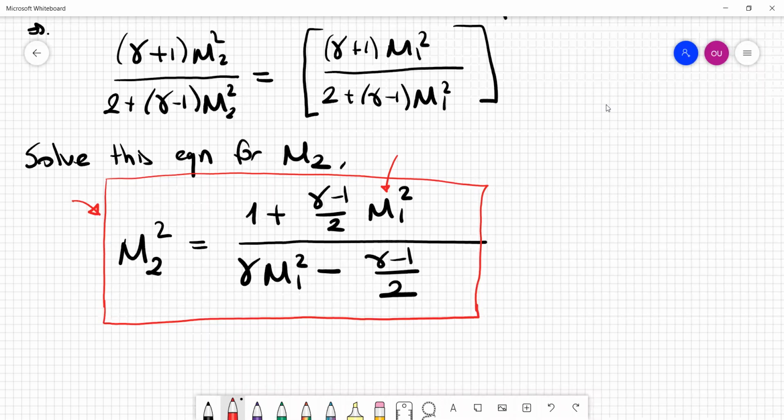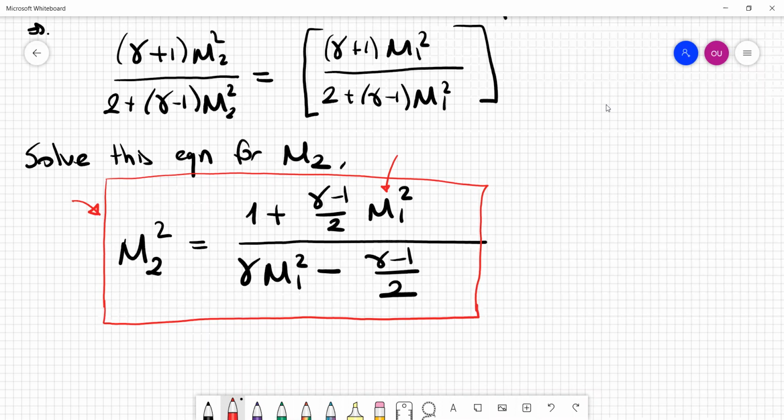So this is quite nice, because gamma is known for any gas. Air is 1.4, the Martian atmosphere is 1.16, but that is known. So the only thing I need to know is my upstream, or basically, if it's a high-speed flight vehicle, my flight Mach number.